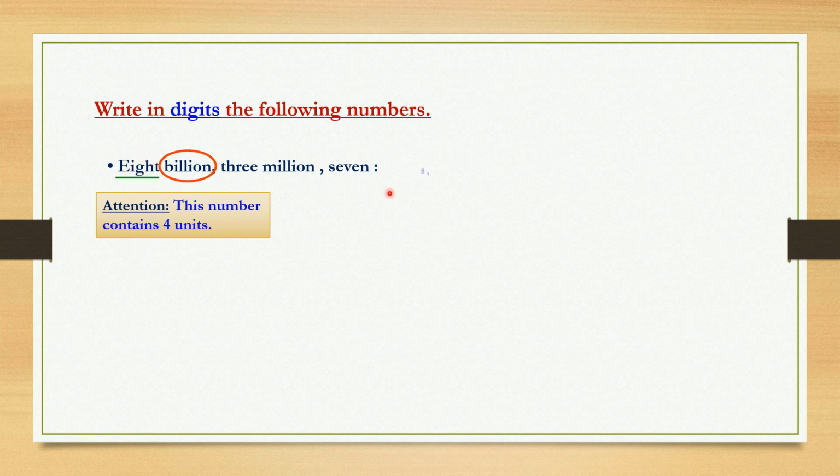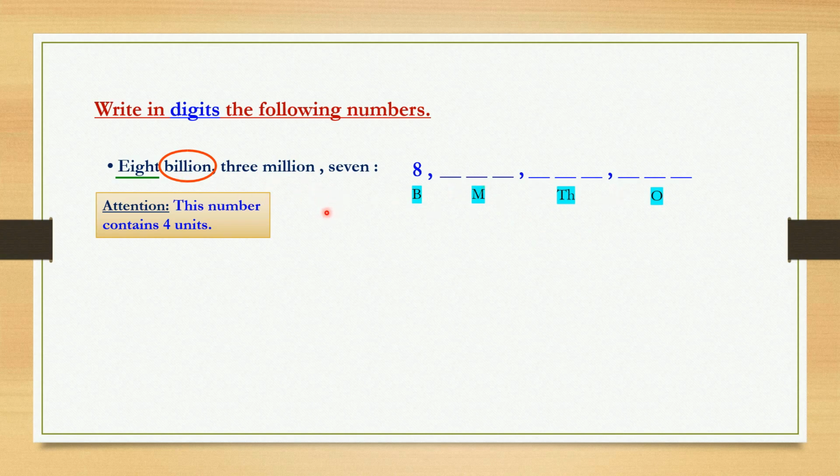So I write 8, then I place a comma. We filled the billions unit. Now, after the billions, we have 3 more units, the millions, the thousands, and the ones. So that's why I put 3 dashes, comma, 3 dashes, comma, 3 dashes. So here I have 4 units, the billions, the millions, the thousands, and the ones. I must fill them all. If I skip one digit, the number will be completely different.